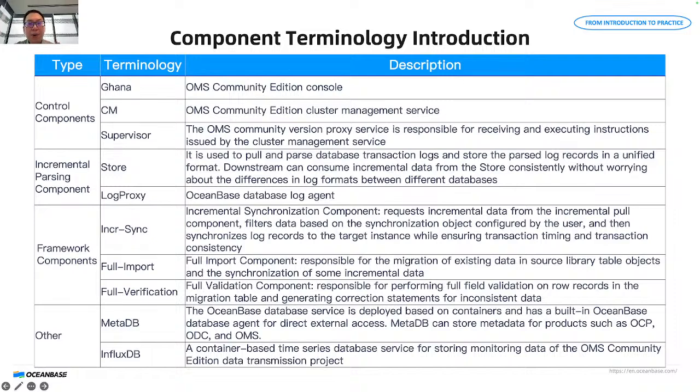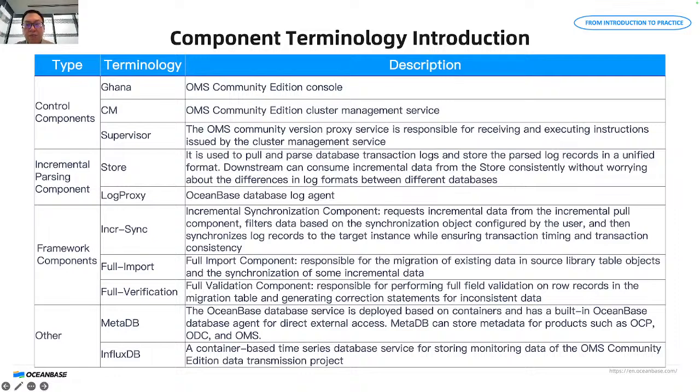The incremental parsing components are store and log parsing. Let's focus on store. It's used to pull and parse database transaction logs and store the parsed log records in a unified format.